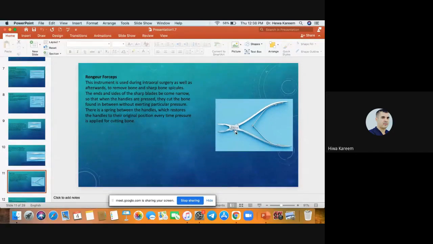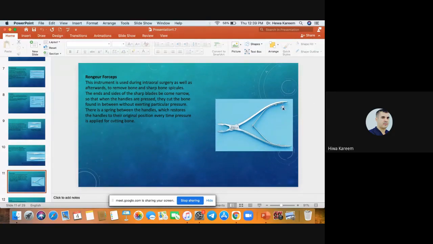This is Rongeur forceps. This instrument is used during intraoral procedures to remove bone and sharp spicules. The end and side of the sharp blade become narrow, so that when the handles are pressed, they cut the bone.